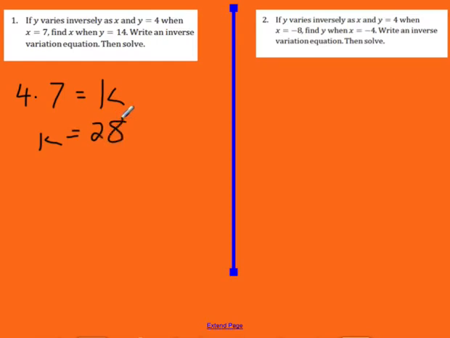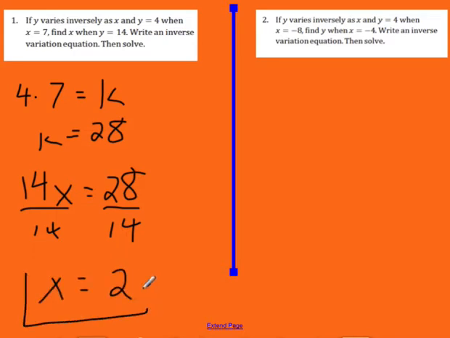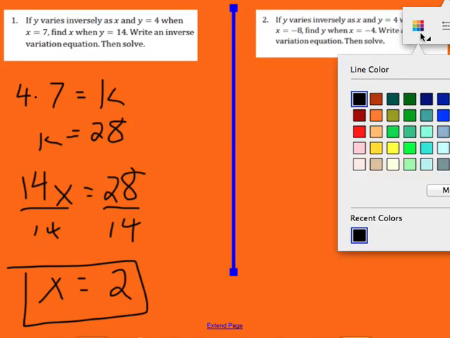Then it wants us to find x when y is equal to 14. So 14 times x, or just 14x, is equal to 28. I'm going to divide both sides by 14, and I end up getting that x is equal to 2. So that's all there is to it. That's my answer for number 1.